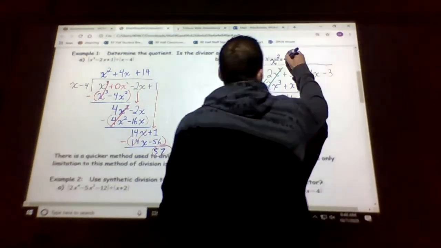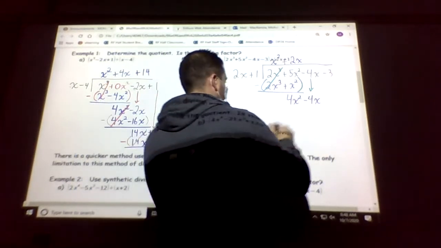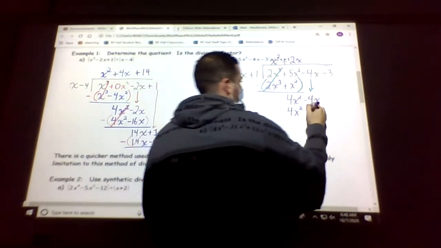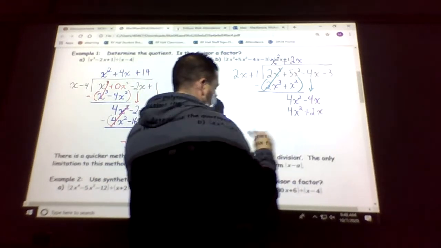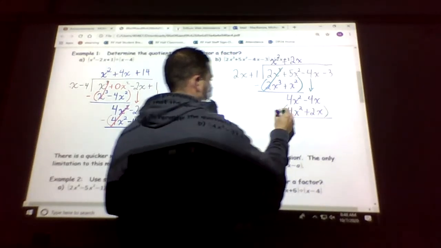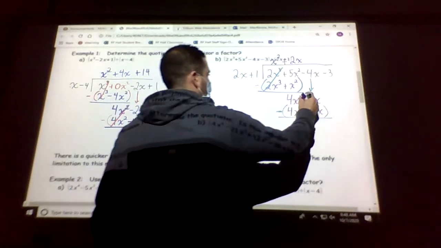So 2x times 2x is 4x squared. 2x times 1 is 2x. Make sure you subtract the whole thing. It's the biggest mistake in this. People don't subtract each term.